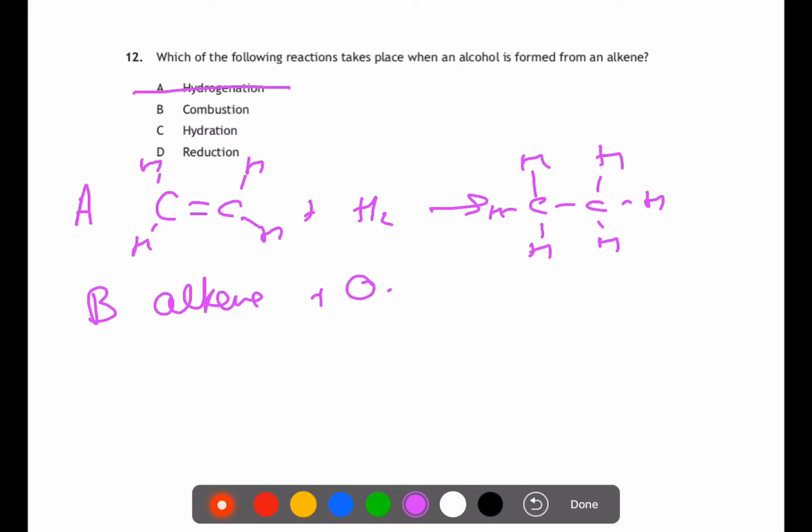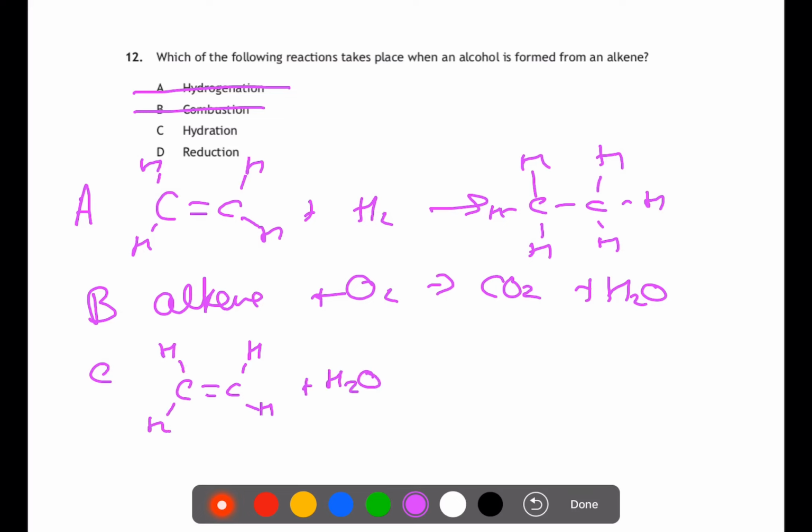You take an alkene and react with oxygen to get carbon dioxide and water. Hydration. You take an alkene and water, which adds across the double bond. So one of the hydrogens from water adds on to one of the carbons, and the OH adds on to the other carbon to give you an alcohol.